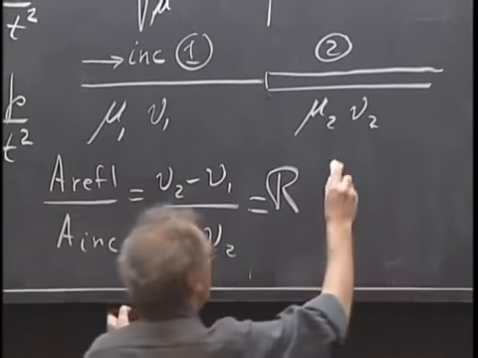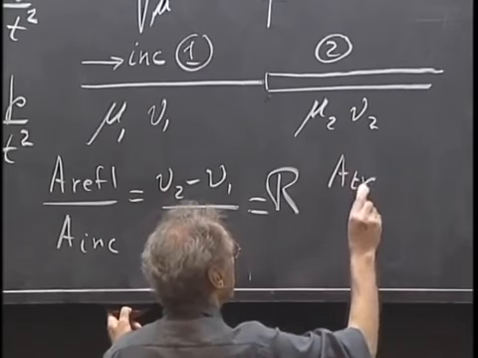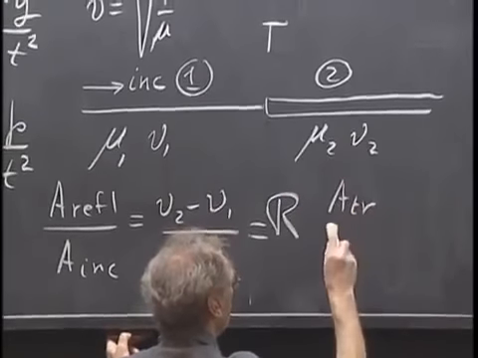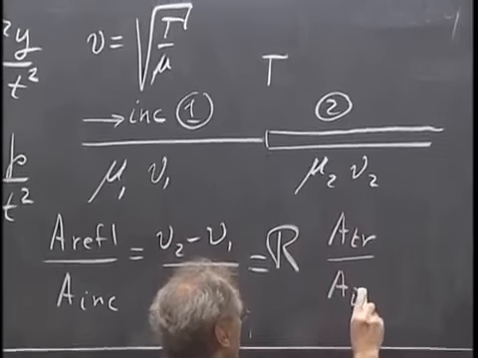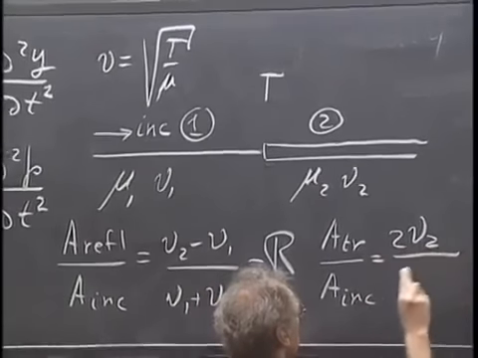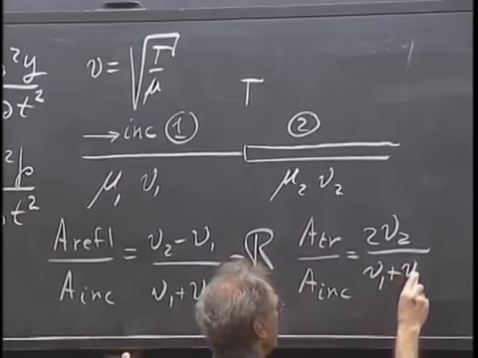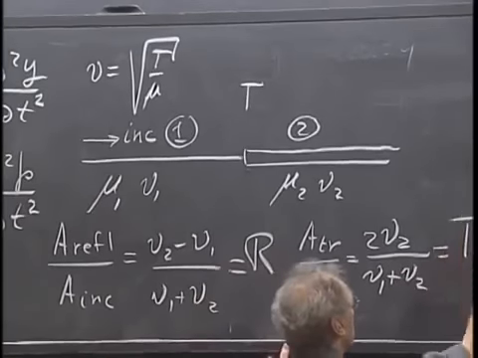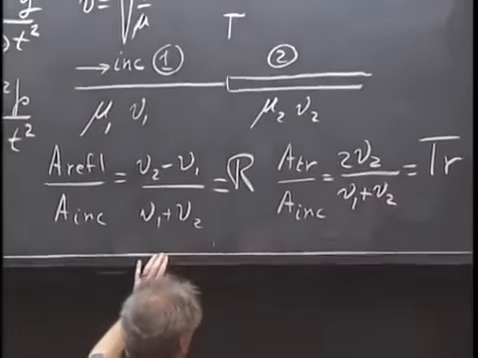And we found that the amplitude of the transmitted wave, or pulse, divided by the amplitude of the incident one, was 2v2 divided by (v1 plus v2), and I called that, shorthand notation, transmittivity.